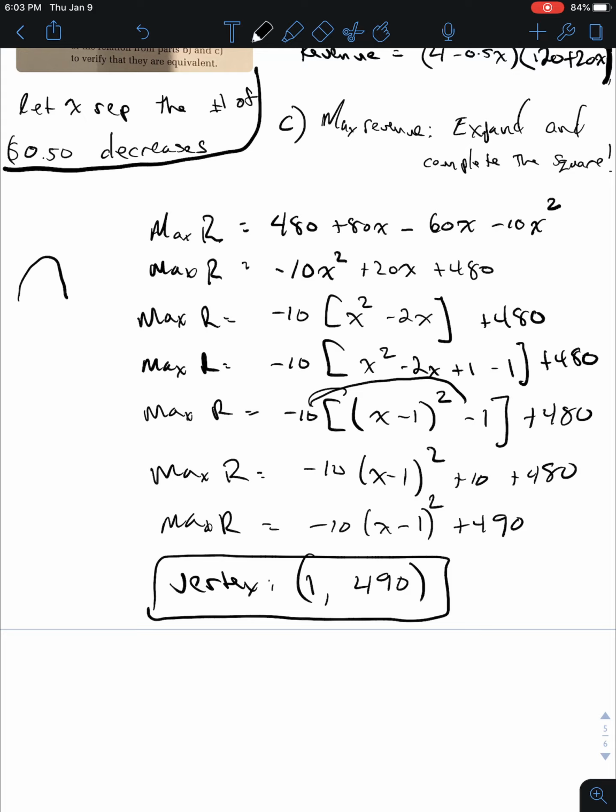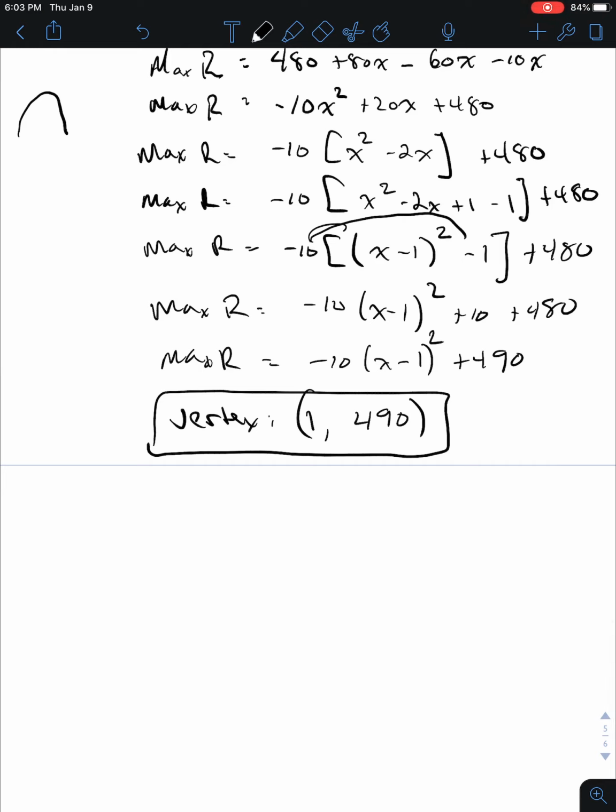Okay, so write me the vertex. Okay, there's one more thing to this that we have to, and this kind of stumps kids sometimes too, I think. So, first of all, I guess my first question is, what's the maximum revenue? 490. Okay, so the maximum revenue is 490.